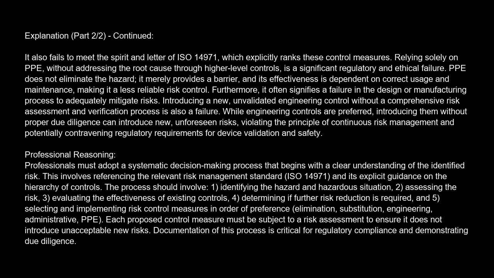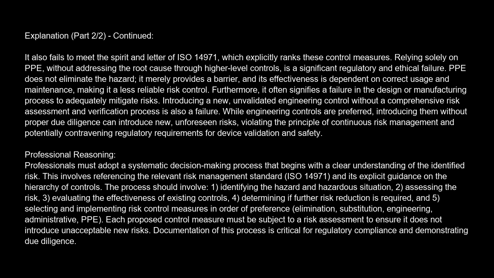Professional reasoning. Professionals must adopt a systematic decision-making process that begins with a clear understanding of the identified risk. This involves referencing the relevant risk management standard, ISO 14971, and its explicit guidance on the hierarchy of controls. The process should involve: 1. Identifying the hazard and hazardous situation, 2.